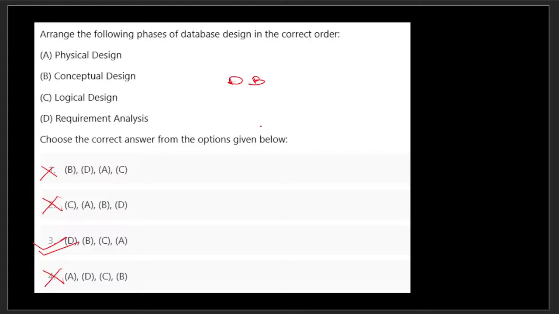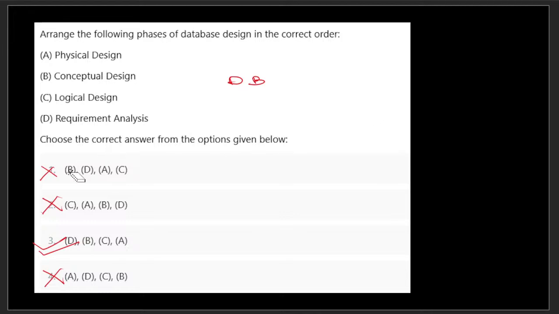Let's say if I take the example of student. A teacher teaches a student. So these are two entities, teacher and student. The relationship between them is teaches. Or if this is student and this is teacher, it learns. So this is the work of conceptual design.